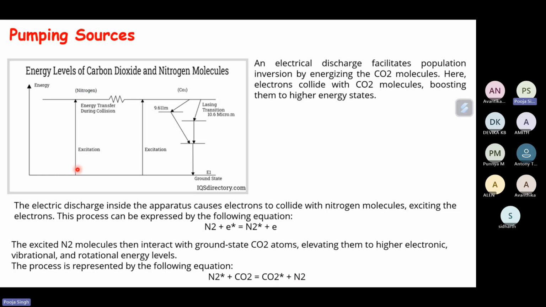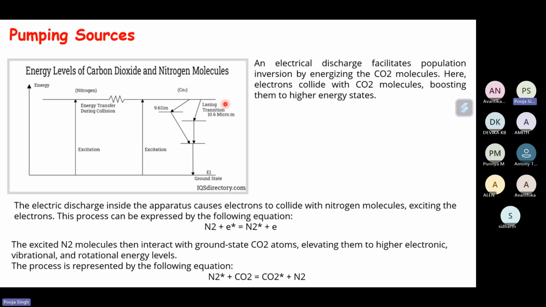Here you can see the electron-excited nitrogen. It undergoes excitation and this excitation energy is transferred to the CO2. Once it is transferred, the CO2 will go to a higher excited state, and once it de-excites to the metastable state, it will emit the laser.